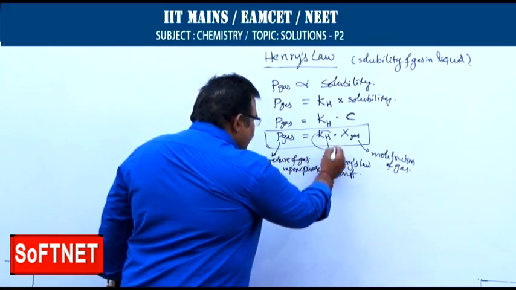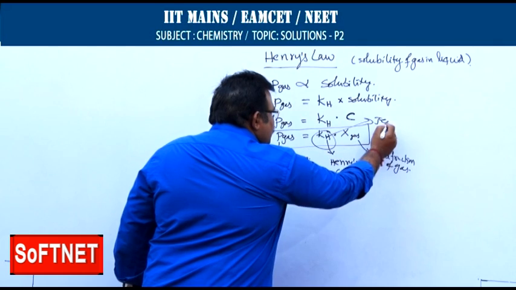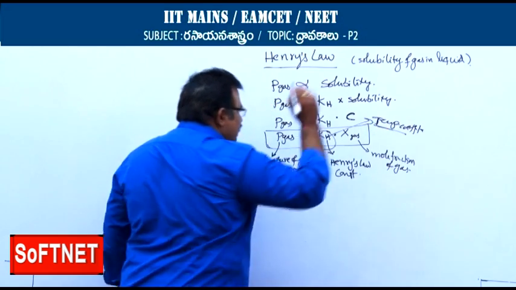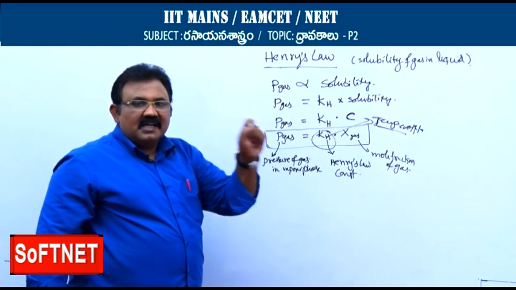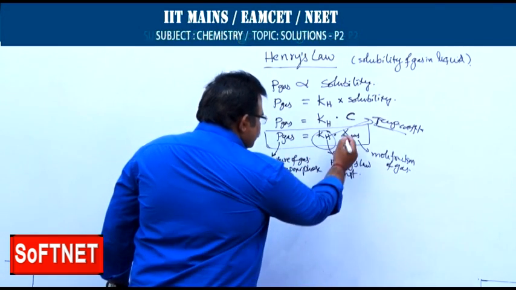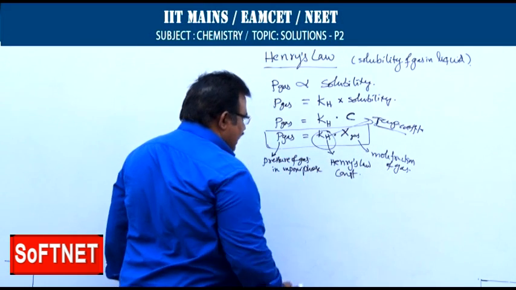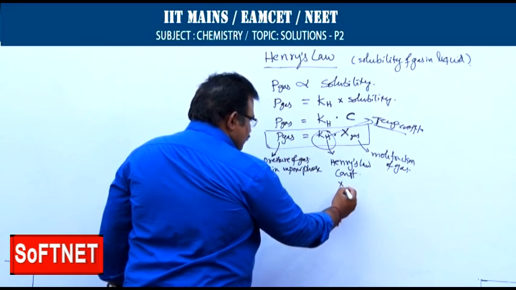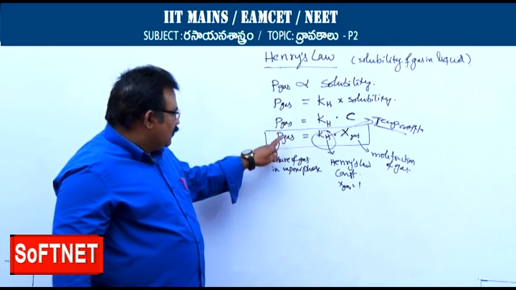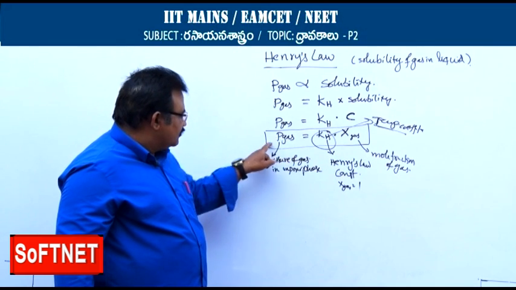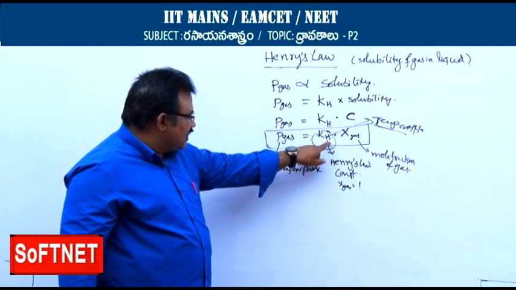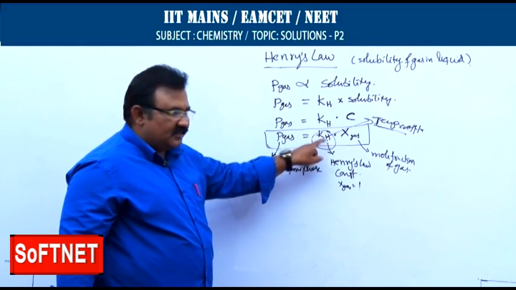Henry's law constant is temperature dependent. For example, if the mole fraction of the gas is equal to 1, then the pressure of the gas that is going to dissolve in the liquid is equal to Henry's law constant.